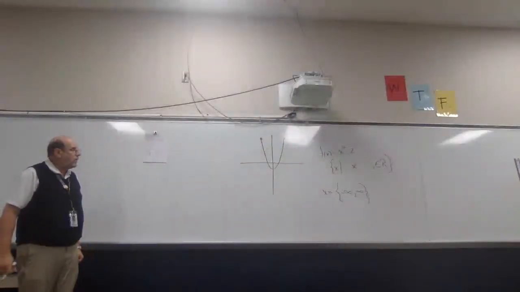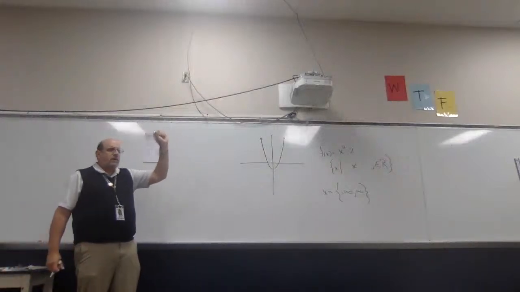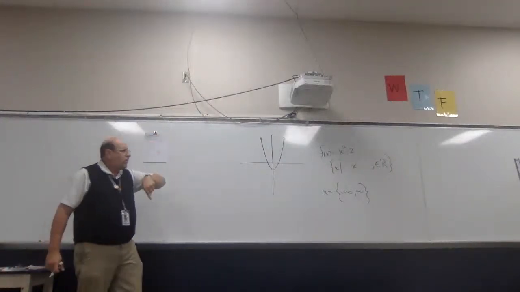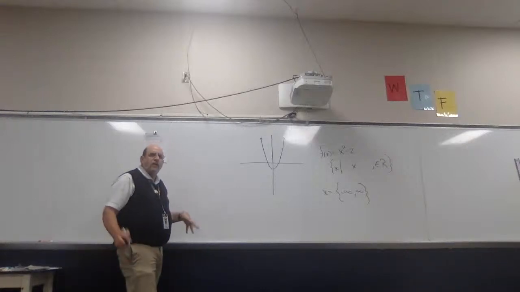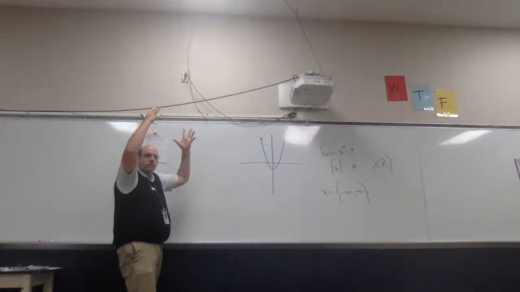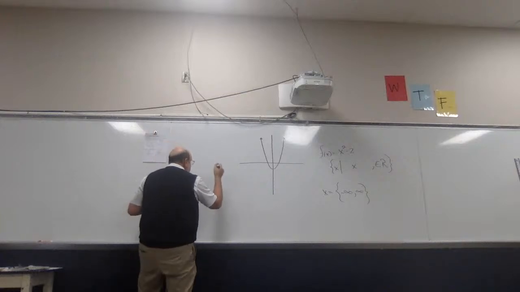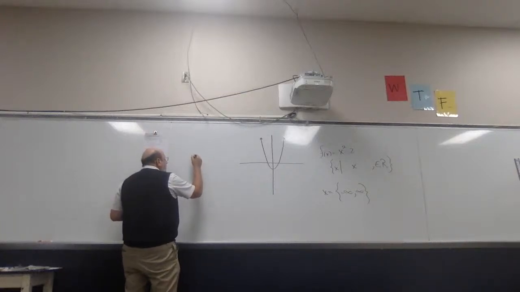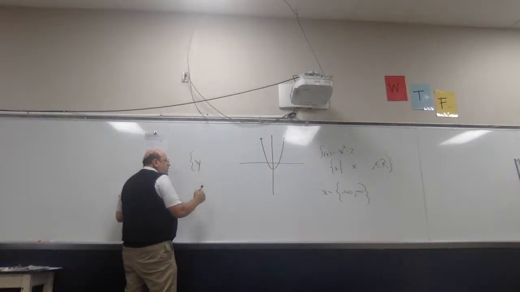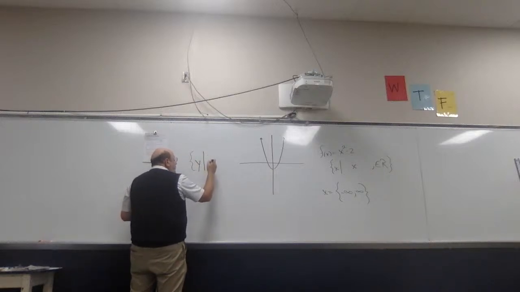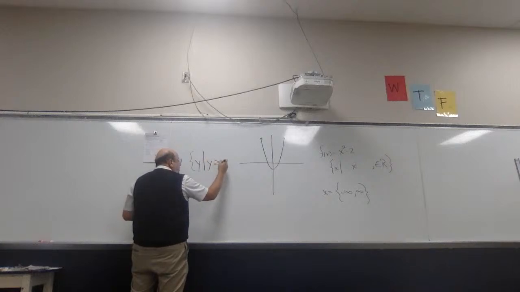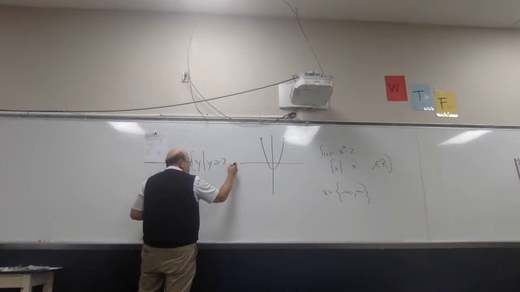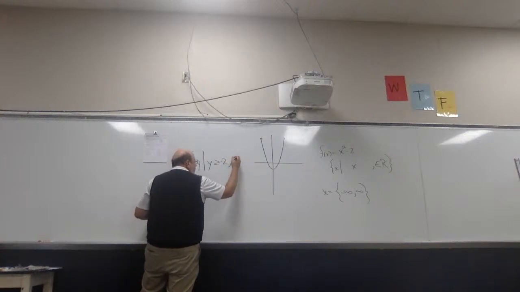All right, let's talk about the range. Who told me about the range? Cho said start at -2 and go up, right? In set builder notation, we'd say all the y's such that y is greater than or equal to -2 and is an element of the reals.